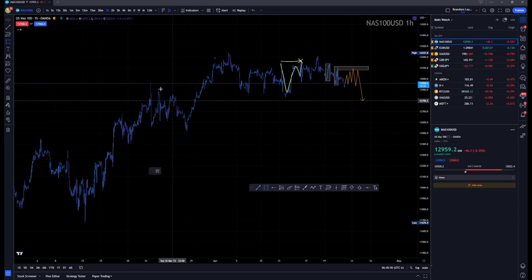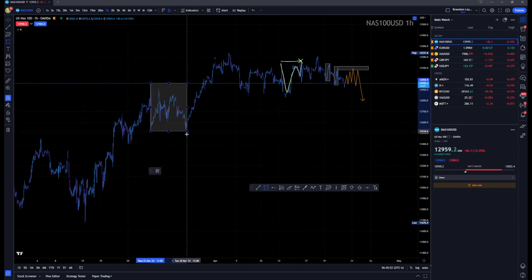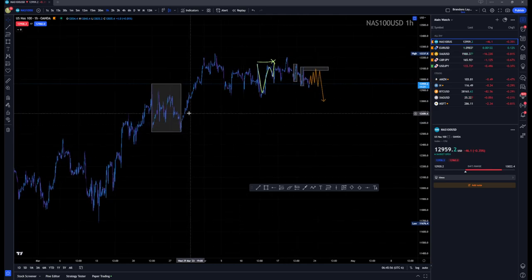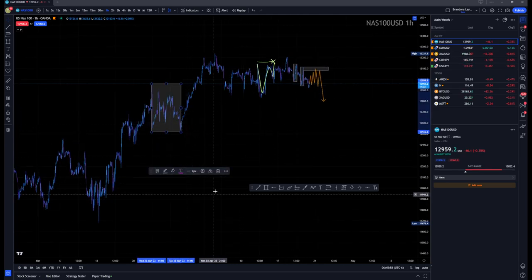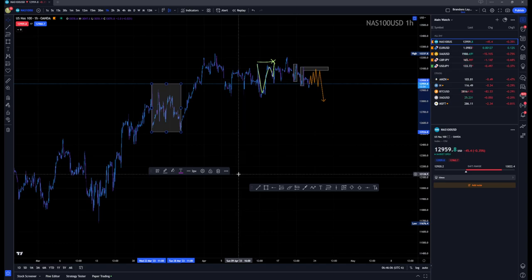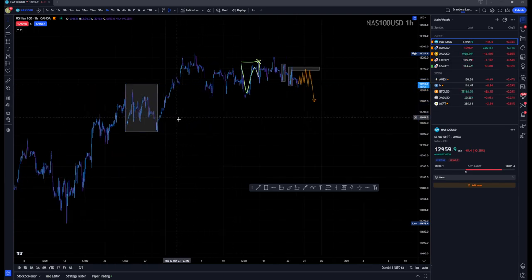This higher time frame MB, we're looking at on the hourly, but if we were to go to a higher time frame, we'd more than likely see this large block, or a structural point in the market, from 12,516.8 to 12,959.9. So we want to see price come back into that area.